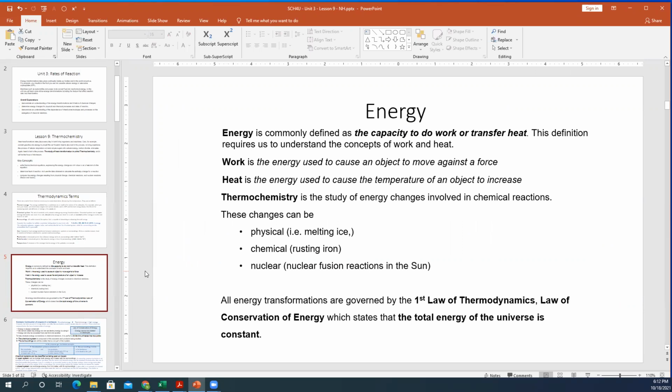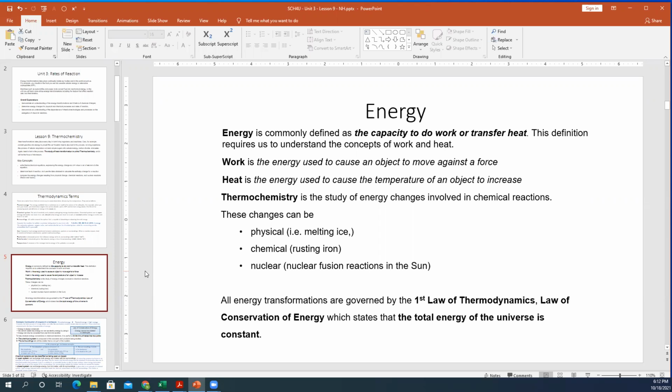And for this, we need to understand the concept of work and heat. Work is the energy used to cause an object to move against a force. That's the definition of work. While heat is the energy used to cause the temperature of an object to increase.